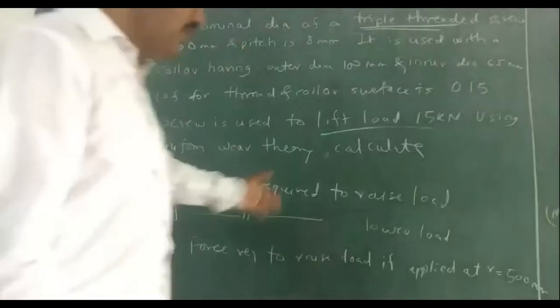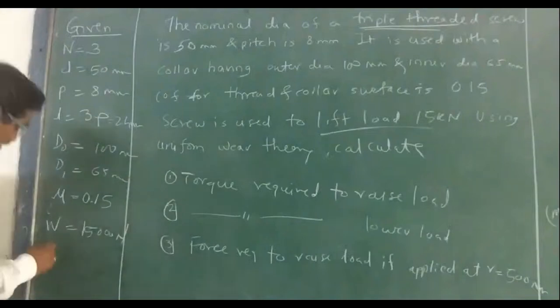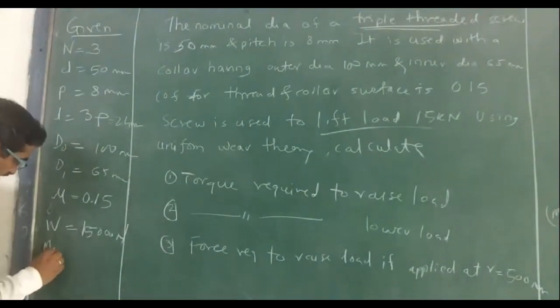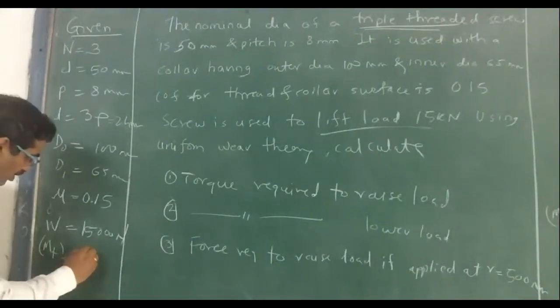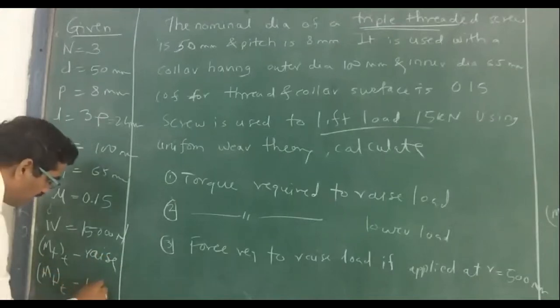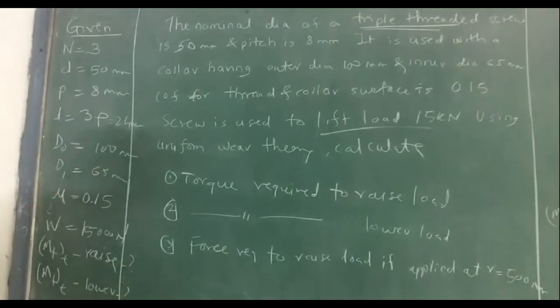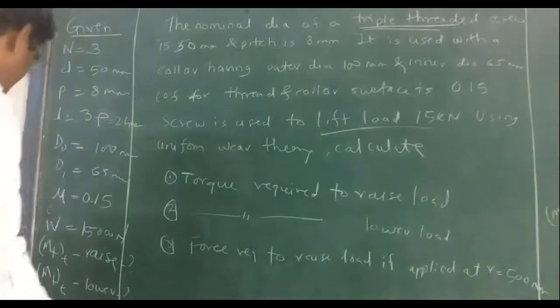But before that, let us see what we need to know. We need the torque required to raise the load, so we need the total mt for raising, then the total torque required for lowering. These are the two things we need to know. And the last thing is the force, the effort P required to raise the load, if R is given.